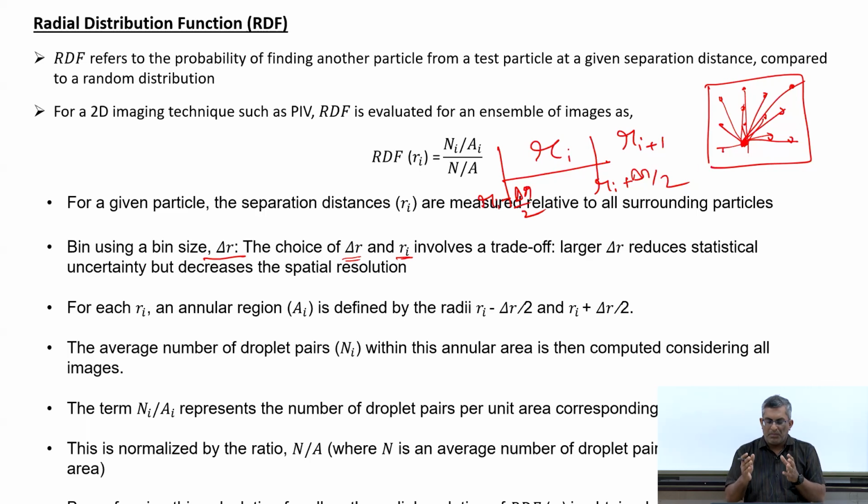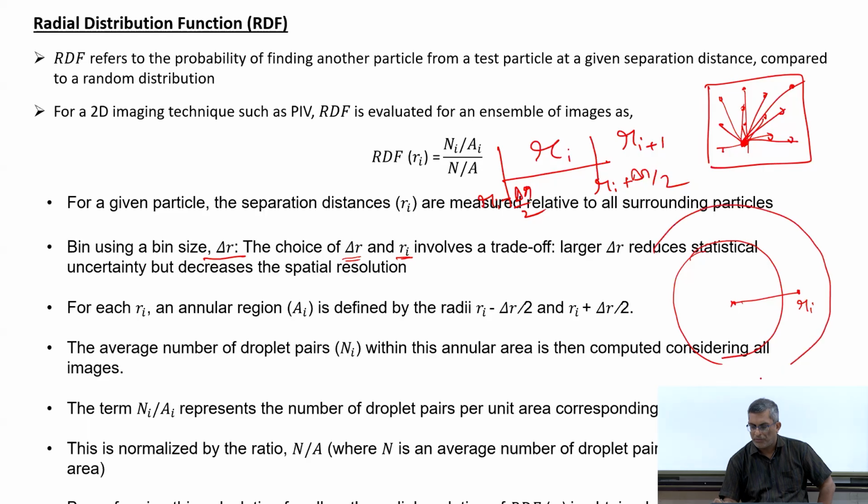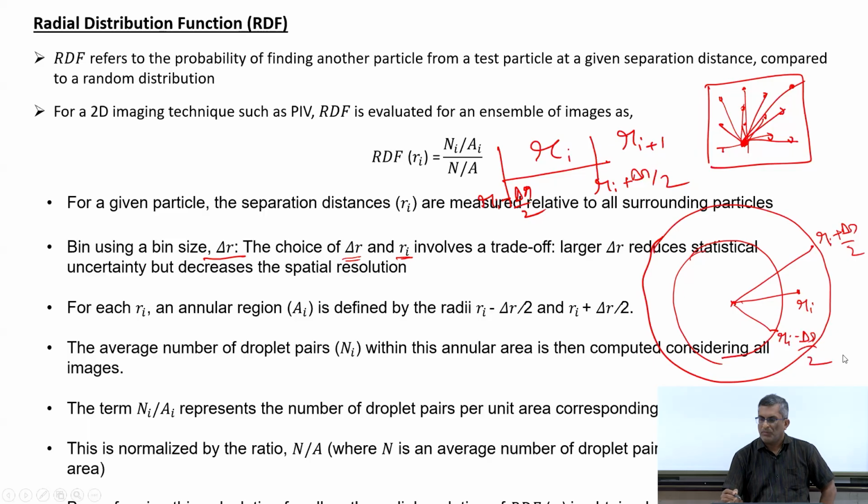Now, you can imagine that if you consider a test particle, here you have another particle Ri and you have a circle of radius Ri plus delta R by 2 and this is Ri minus delta R by 2. So, you can define one annular area basically. Is it clear?